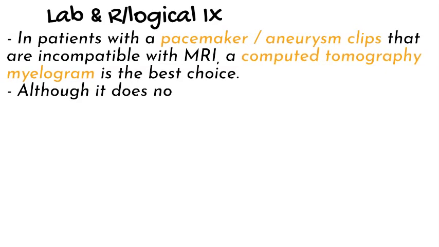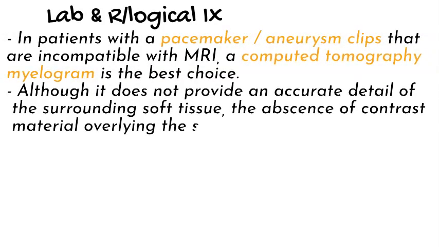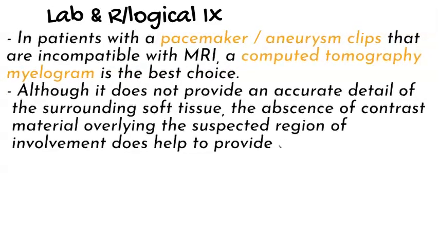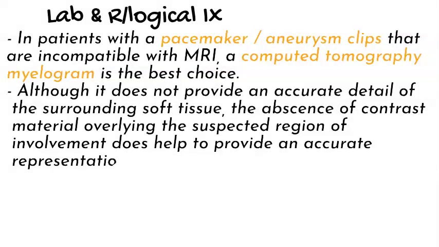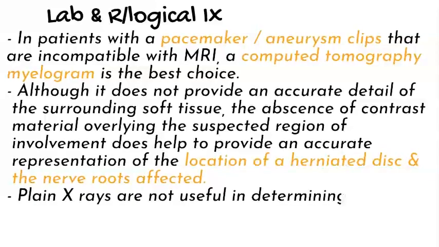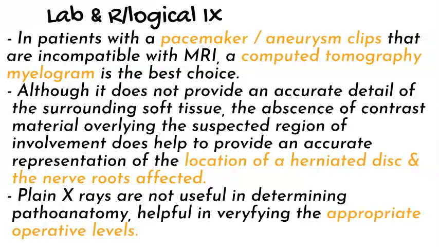Although it does not provide an accurate detail of surrounding soft tissue, the absence of contrast material overlying the suspected region of involvement does help to provide an accurate representation of the location of a herniated disc and the nerve root affected. Plain X-rays are not helpful in determining pathoanatomy, but are helpful in verifying the appropriate operative levels.